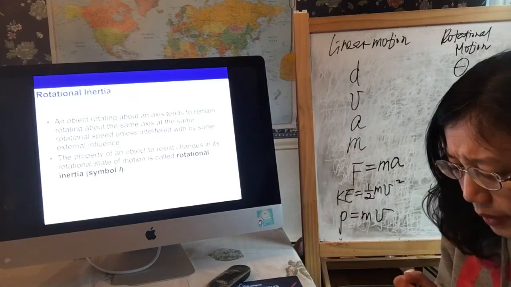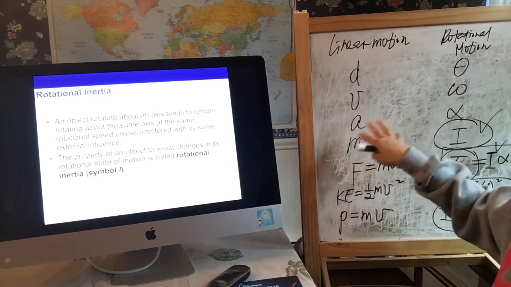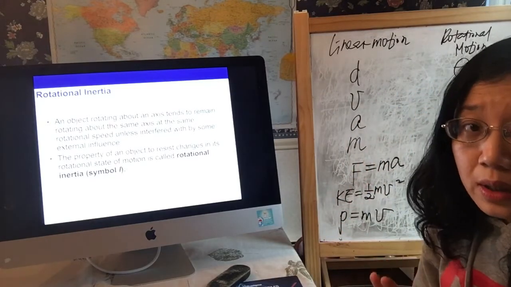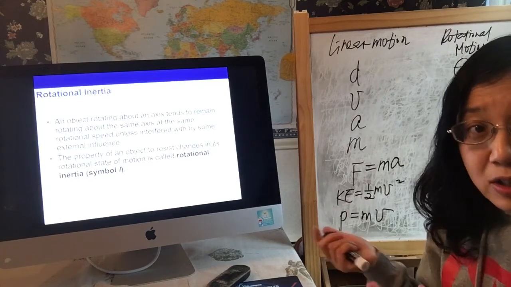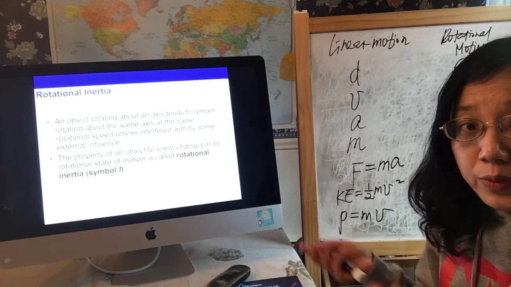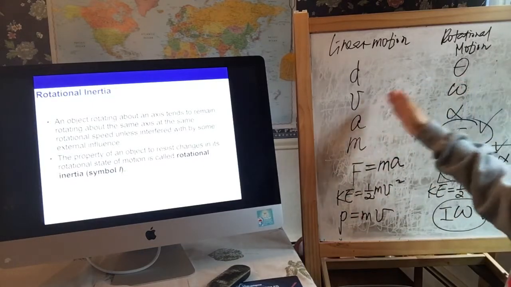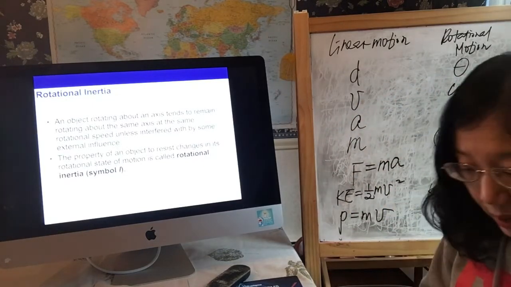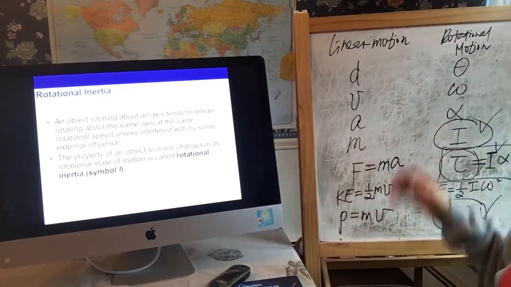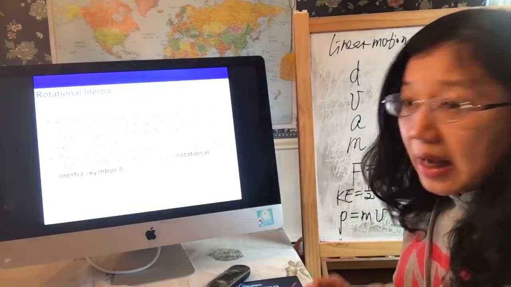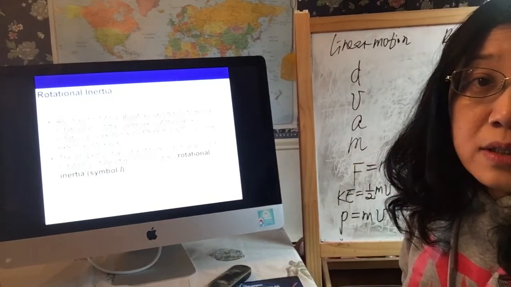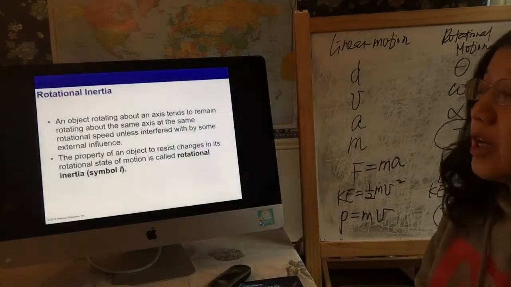Once you understand this, rotational motion is not so hard to understand if we know what we learned before, and you can see the analogy between linear motion and rotational motion from this table. What I want to focus on today is the concept of rotational inertia.